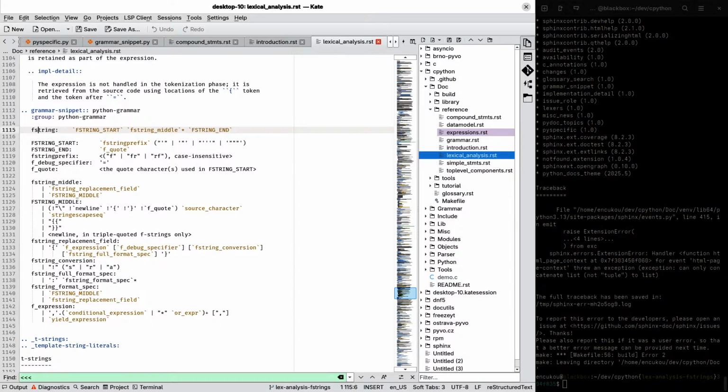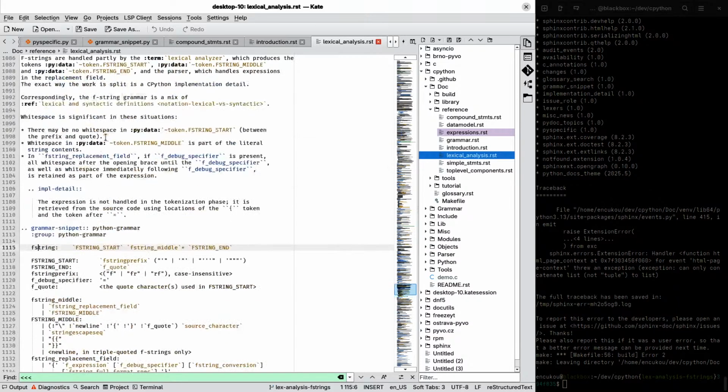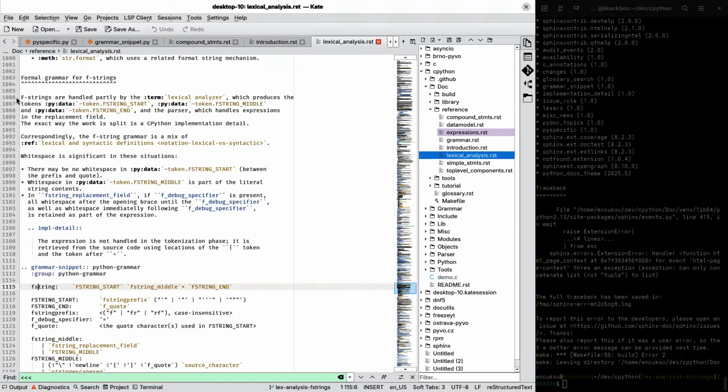So with the switch to the PEG grammar, we couldn't really get rid of the tokenizer. The tokenizer is left in and it does some stuff, and then it goes into the parser. But as I say, f-strings are handled partly by the tokenizer and partly by the parser. Maybe I should make that more explicit.